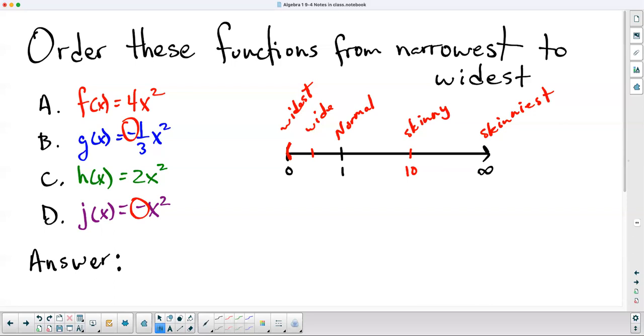Okay, so which one's the narrowest out of those choices? A, perfect, 4x squared. So 4x squared, the 4 is the biggest number, so it'd be the skinniest.